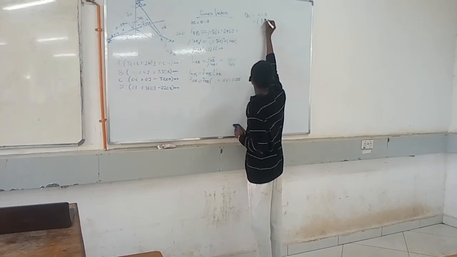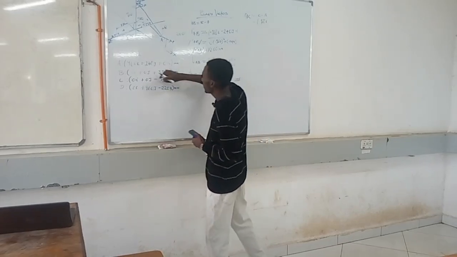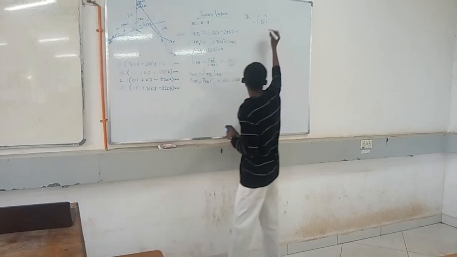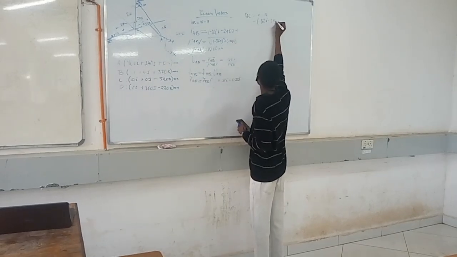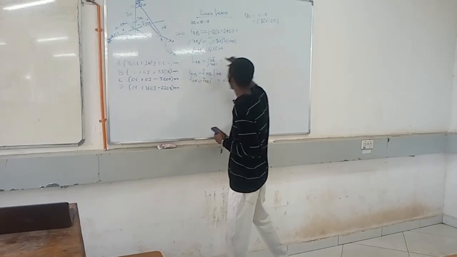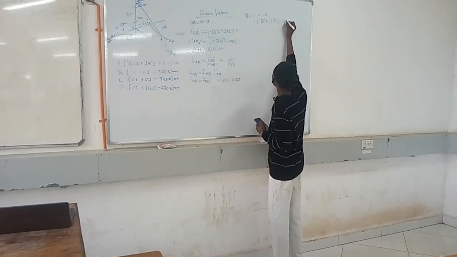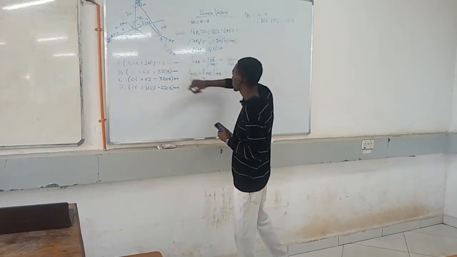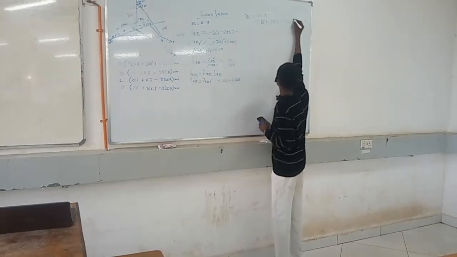Negative 960 I. 0 minus 240 is negative 240 J. Negative 320 minus 0 is negative 320 K millimeters.